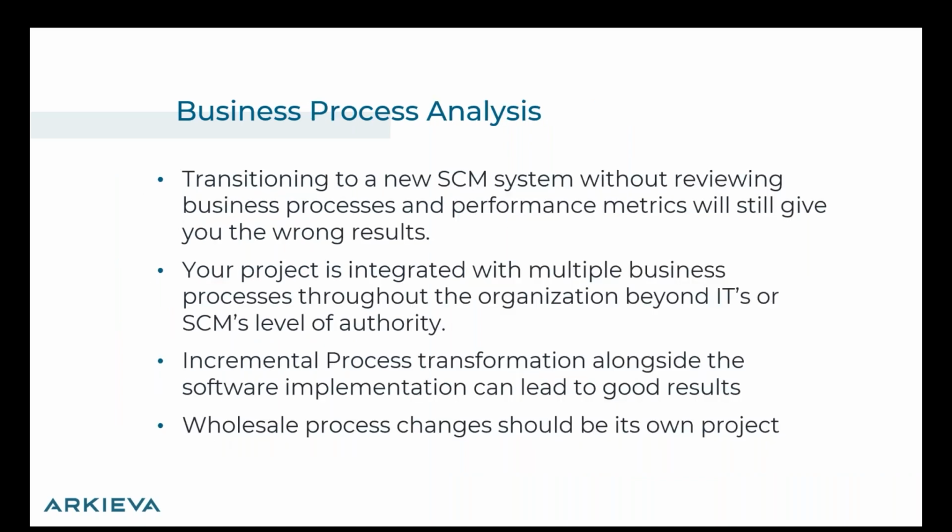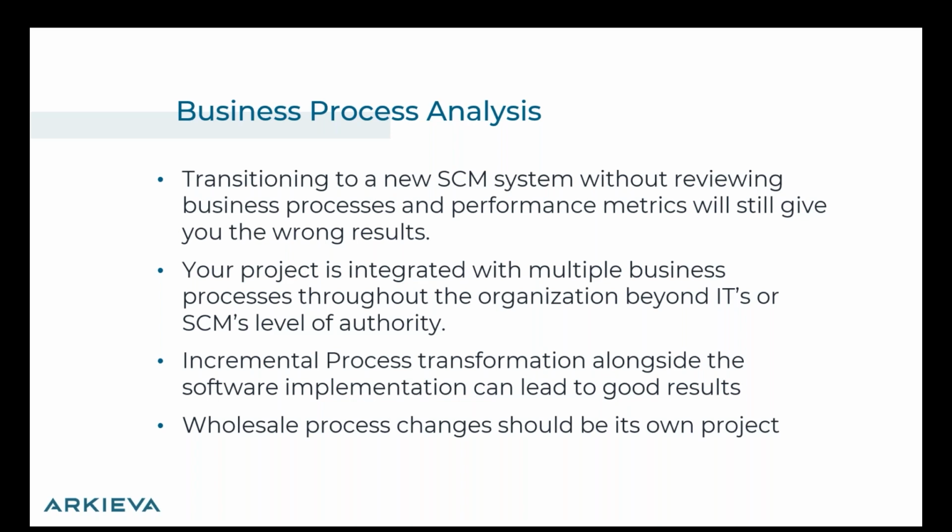Next is business process. Anytime we are talking about a new supply chain planning system, remember that this is a business system, not a pure IT automation system. So you have to review the business processes and performance metrics. Your software is going to be integrated with multiple business processes throughout the organization.